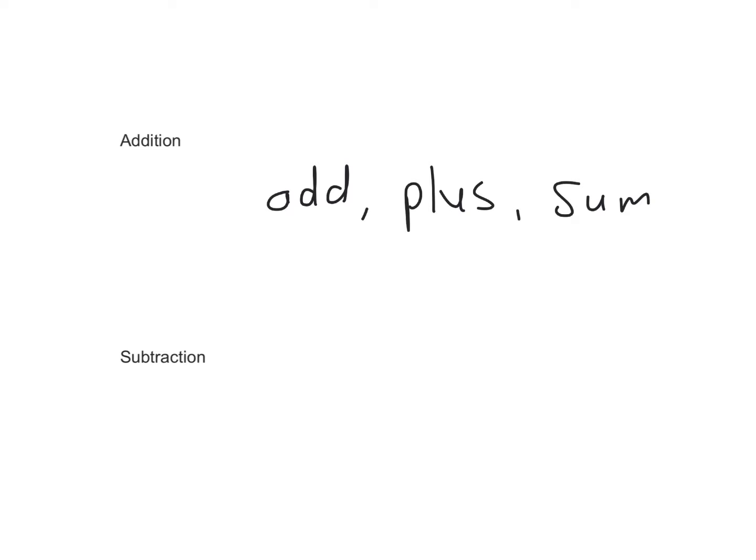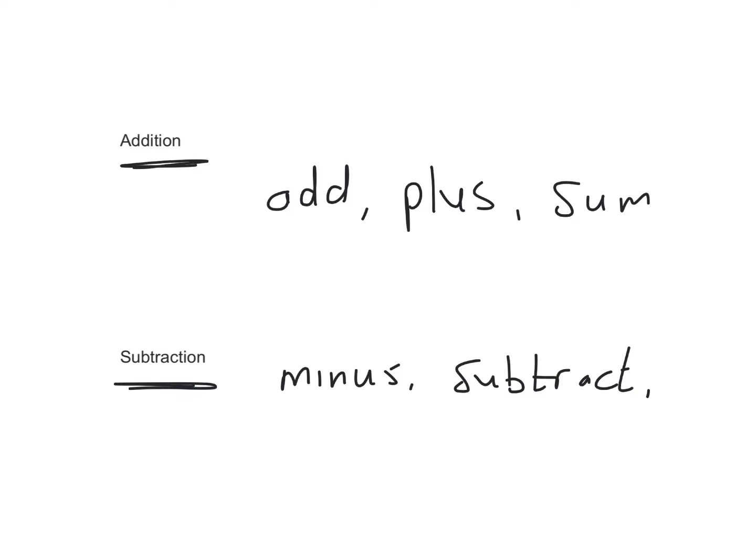So those are all associated with addition. Subtraction, on the other hand, is the difference between two numbers, and we use the words such as minus. We can also use the word subtract, and sometimes you also use the words take away.